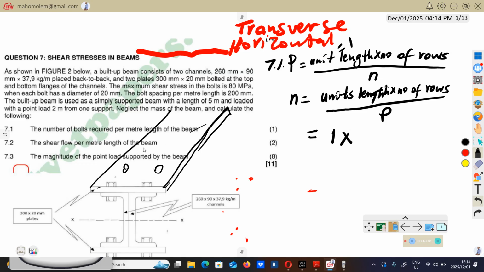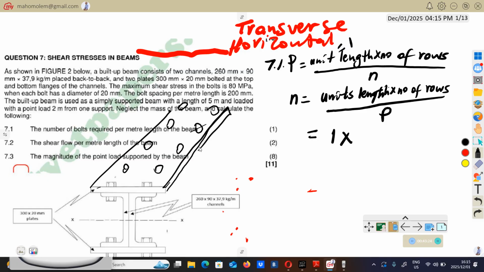Then this will represent these bolts. These bolts, they will go like that. So by just checking these 2 bolts here, it means that we're going to have 2 rows. So they don't have to tell you. You can just check the front view.